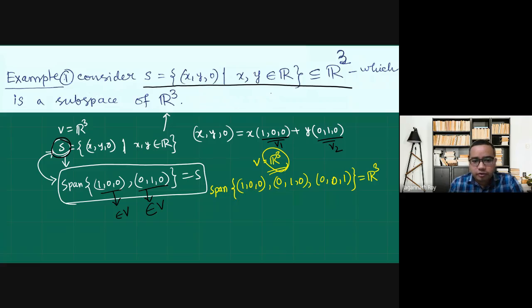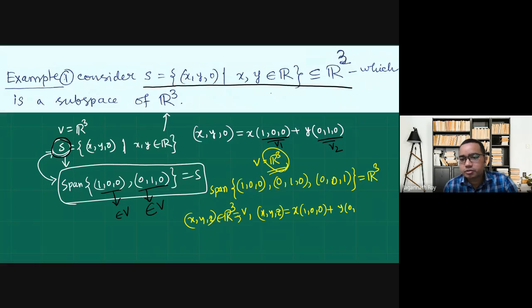For any vector x, y, z belonging to V, x, y, z can be written as x into 1 0 0 plus y into 0 1 0 plus z into 0 0 1.